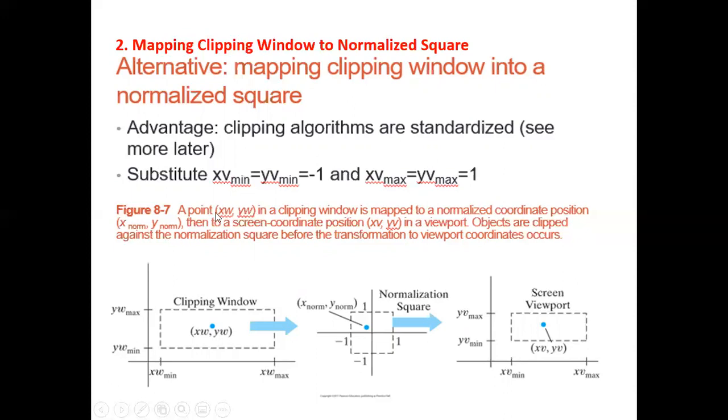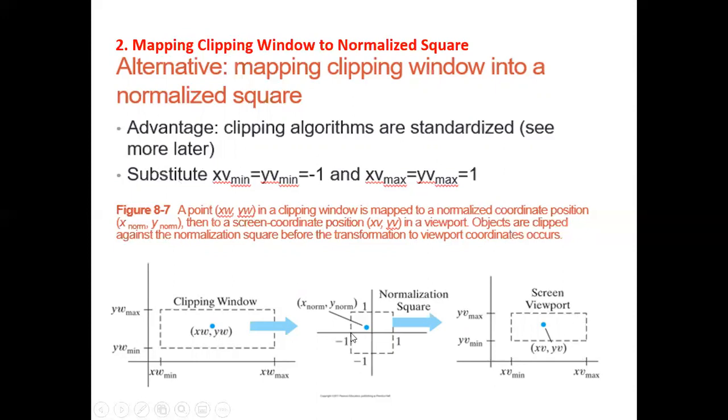In order to do that, we have to consider the same equation, just substituting xv min and yv min, which is the leftmost point of my viewport coordinates, as -1, and xv max and yv max as 1, right?